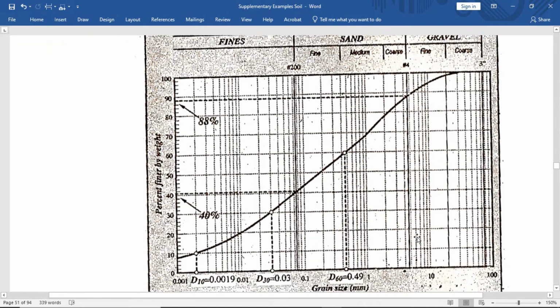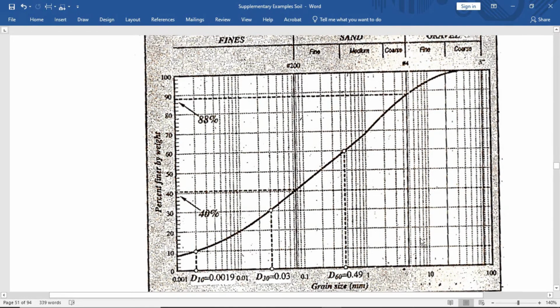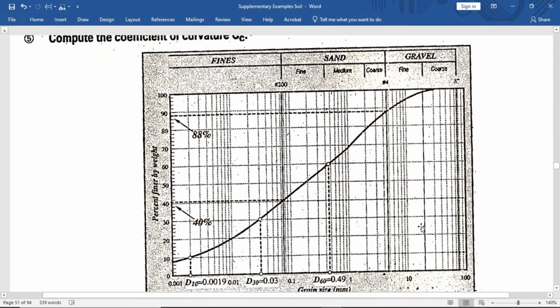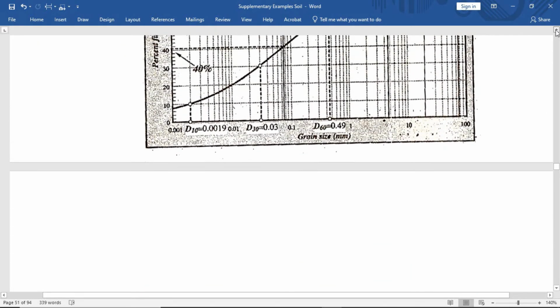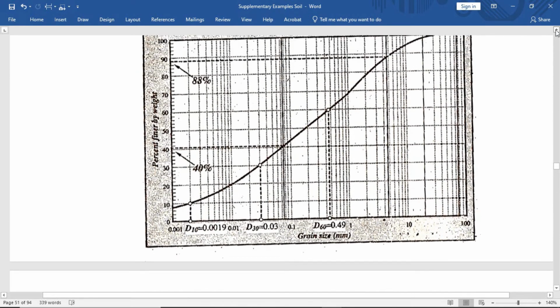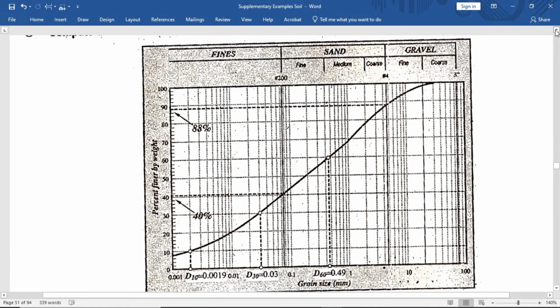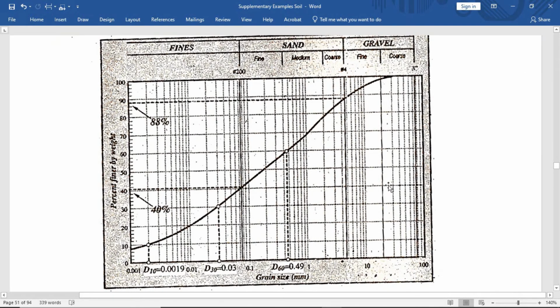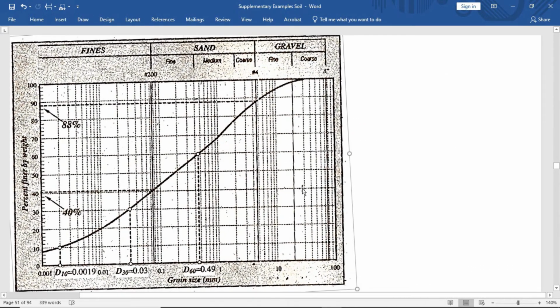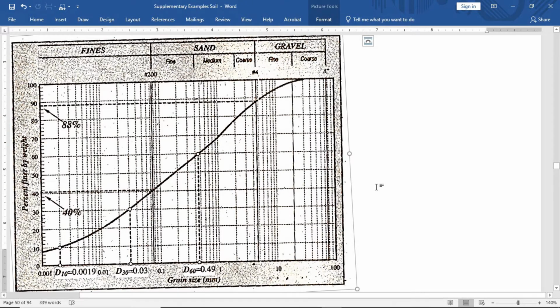So, yan yung given sa atin. Ilagay ko lang sa side para pwede ako magsulat sa isang side. So, first, hahanapin natin yung percent of gravel, percent of sand, and percent of fines.